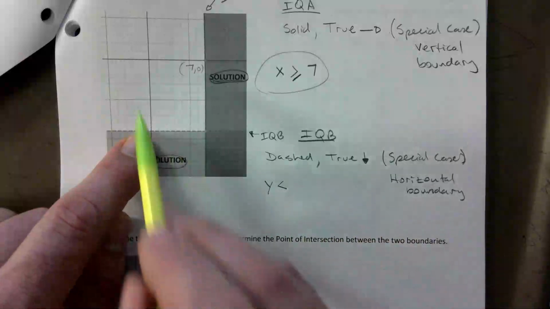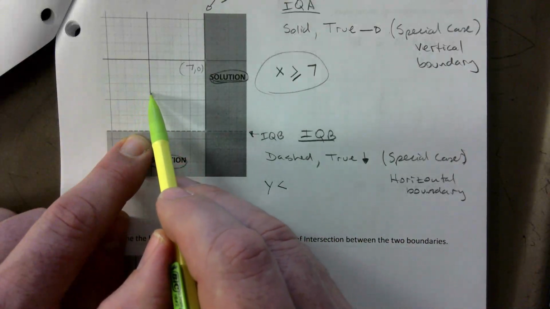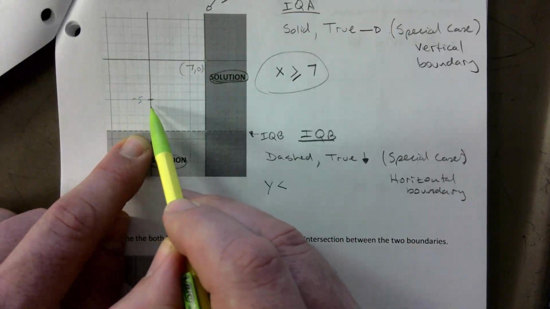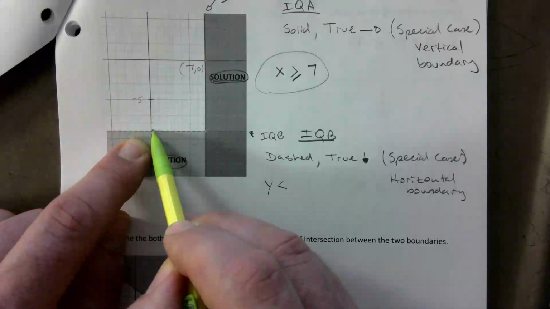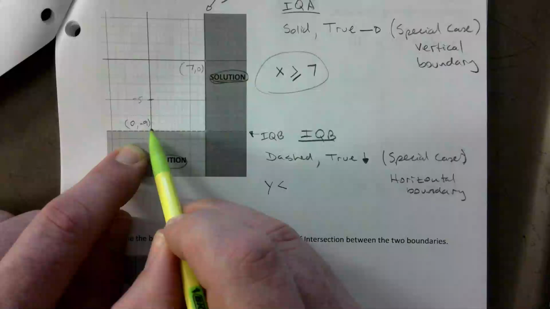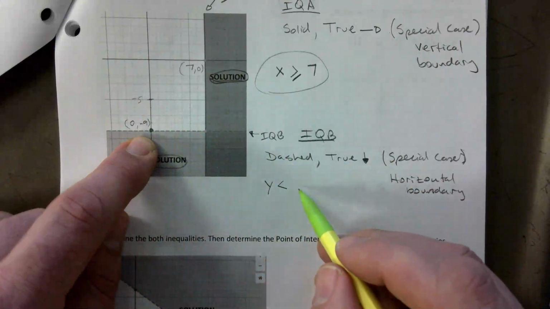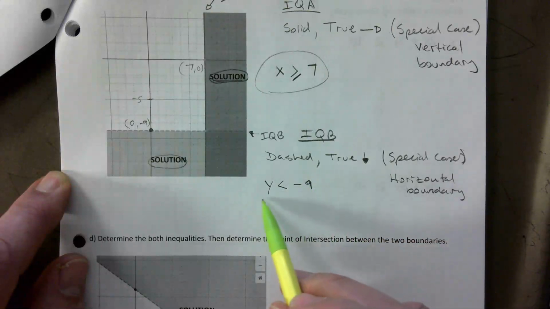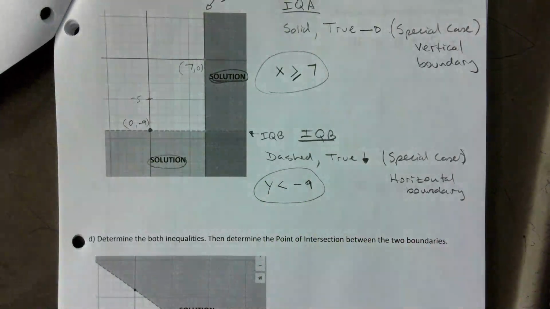And this one is going through, let me see here, 2, 4, this is 5 right here, this is negative 5, 6, 7, 8, 9. It goes through 0, negative 9 right here. So that means that negative 9 is the value that goes there. That is the inequality.